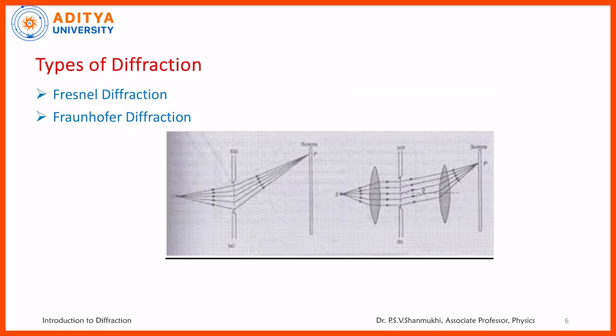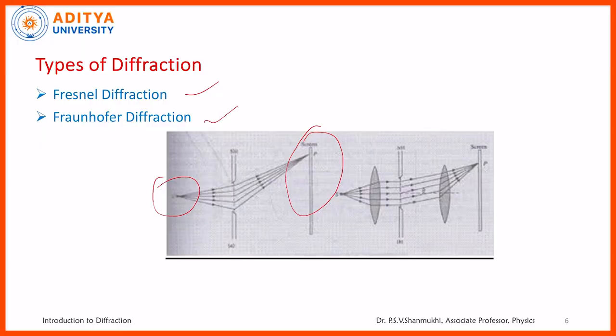Coming to the types of diffraction, there are two types or two classes of diffraction. One is called Fresnel's class and the second is Fraunhofer class of diffraction. What do we mean by Fresnel's diffraction? What do we mean by Fraunhofer diffraction? In Fresnel's diffraction, say this is the source and this is the screen.